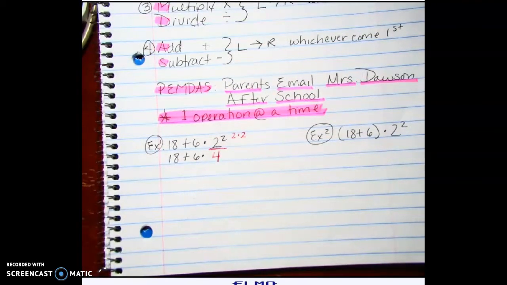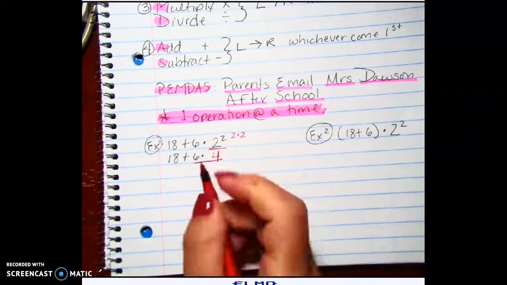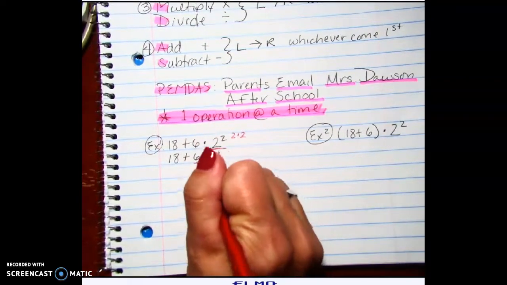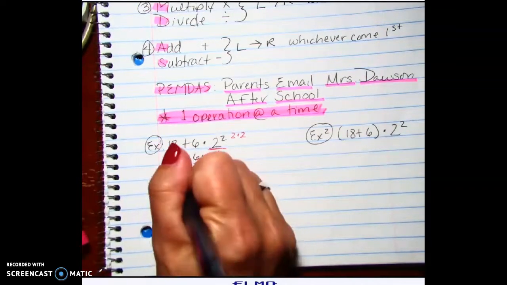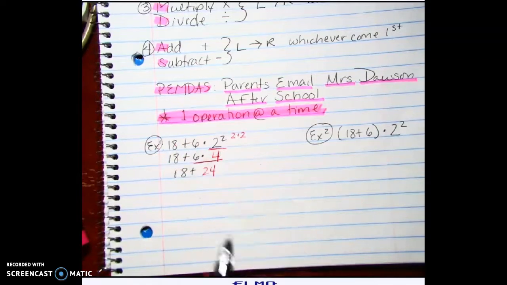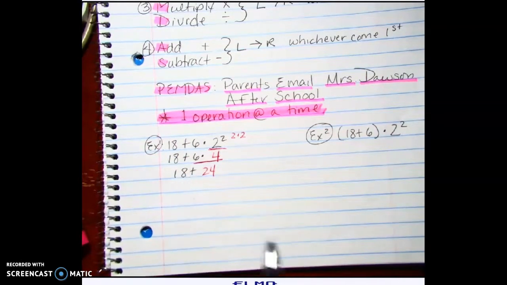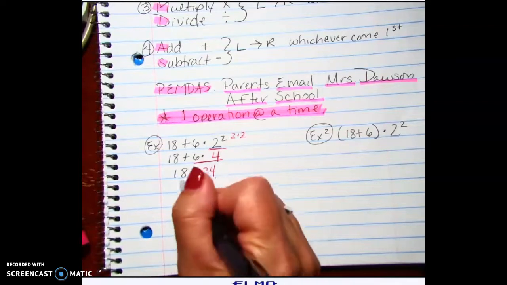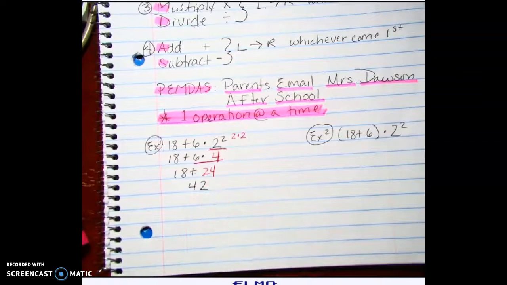Yes. So no, I'm not going to do the adding. I'm going to do the multiplying. So 6 times 4 is 24. I'm not done because I have to finish up. Now I do my adding because that's the last operation in the order of operations. So 18 plus 24 is 42.